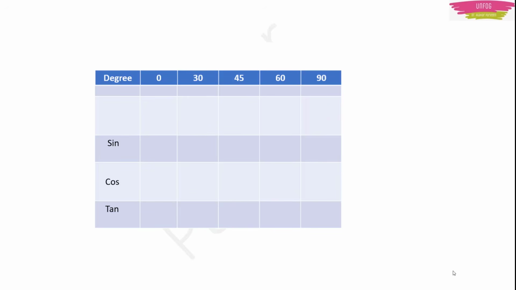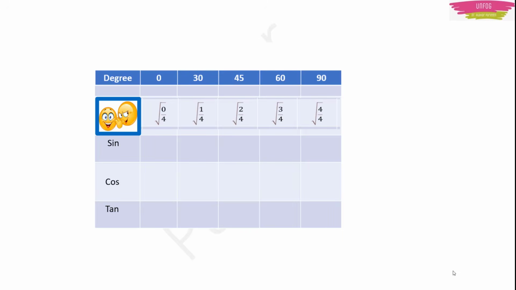The trick is that first you write square root of 0 by 4, square root of 1 by 4, square root of 2 by 4, square root of 3 by 4 and square root of 4 by 4. See, first you have to make the table like this only, the way I have made. And line by line you write square root of 0, 1, 2, 3, 4 and the denominator will be 4 for all the numbers.